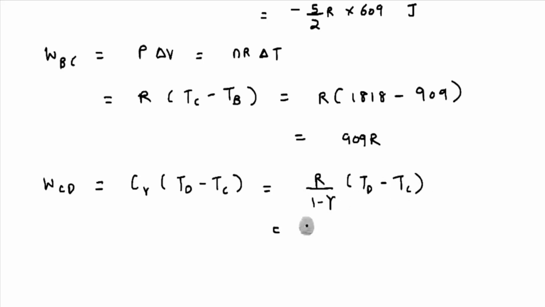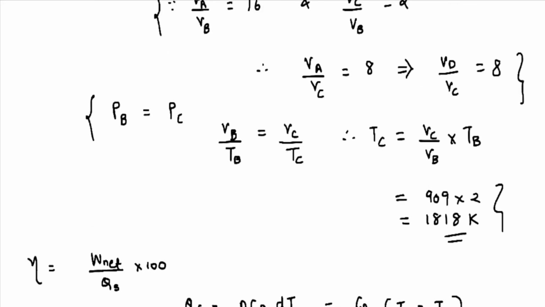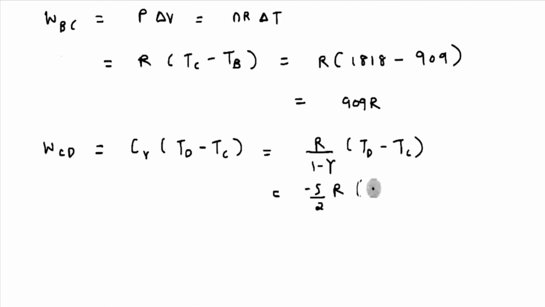So this value is coming out to be negative 5 by 2 R into TD, which is calculated as 791, and TC is 1818. So 791 minus 1818, and solving gives us the answer as plus 5 by 2 R into 1027 joules. So this is the value of work done we are getting from C to D, 1027 joules.